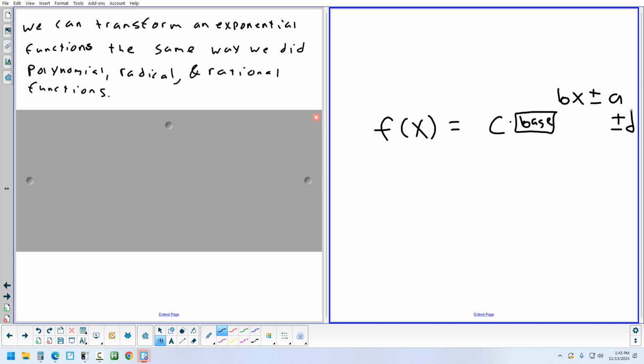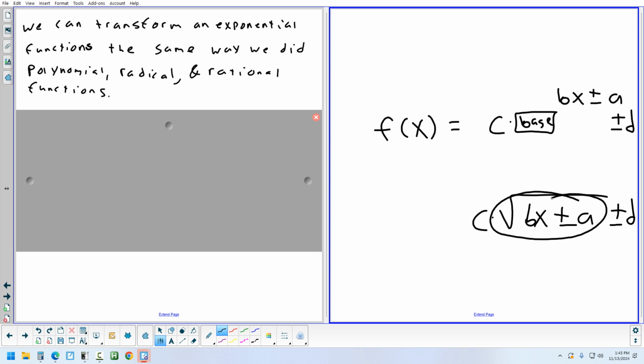This is the same thing that we did yesterday with logs, but it's different. The difference today is we're not dealing with square roots. We're dealing with exponents. But it's still a b to the x plus a, it's still a times c in the front, and it's still a plus or minus d on the end.